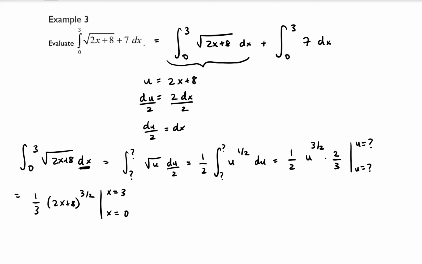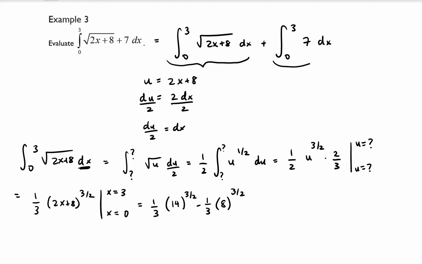And that is going to be equal to 1/3 times 2 times 3 is 6, 6 plus 8 is 14 to the 3/2, and then minus 1/3 times 8 to the 3/2.